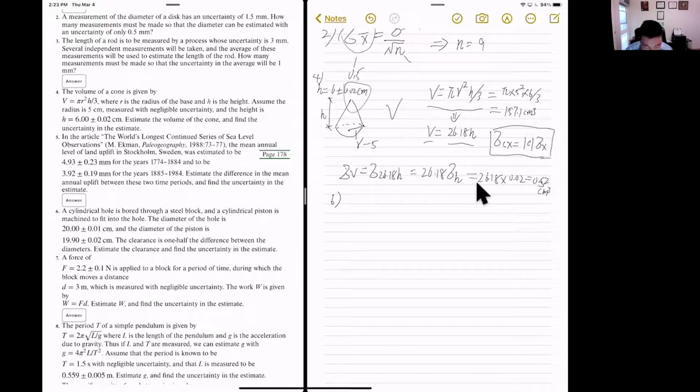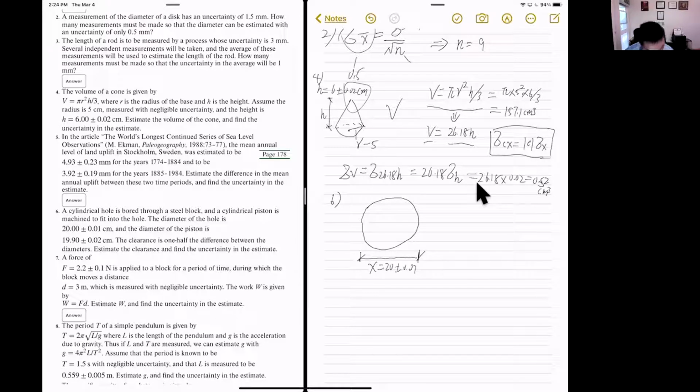All right. The diameter of the hole is 20 plus minus 0.01 centimeter. Okay, let's draw something here first. Okay, so that's the hole, and that's the diameter of the hole. Let's call it x.